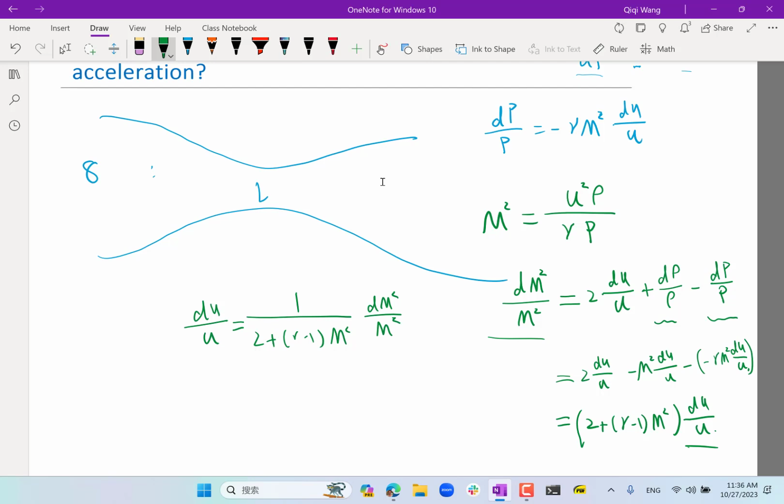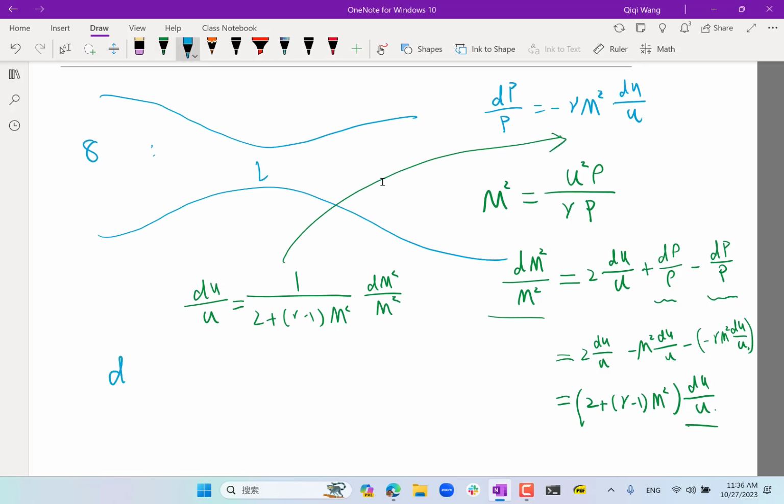Now it's time to plug this into the blue equation and keep going. That completes our goal of having the right-hand side written completely in terms of Mach number. So what we have is minus gamma M squared, underneath it's 2 plus gamma minus 1 M squared.